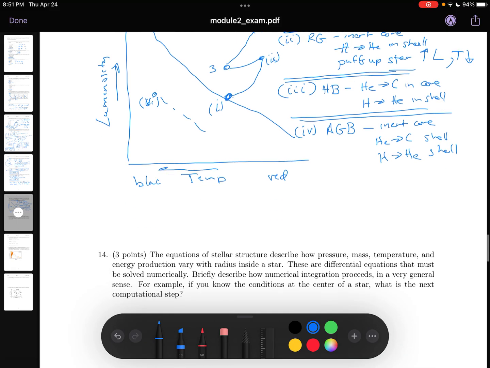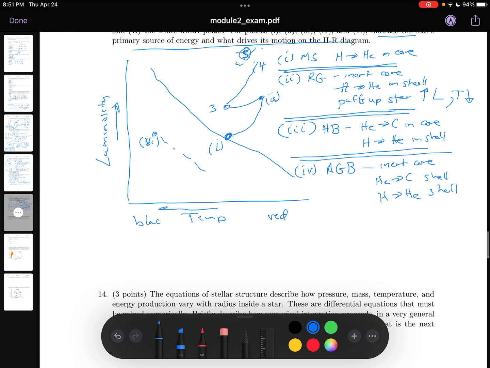I forgot to say the horizontal branch is more stable, so the size decreases and the luminosity decreases.